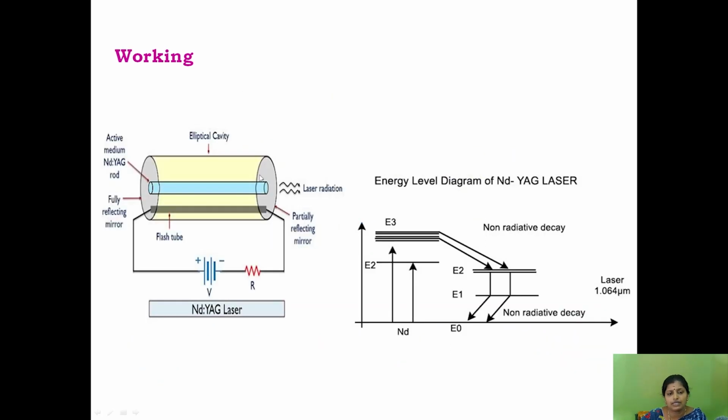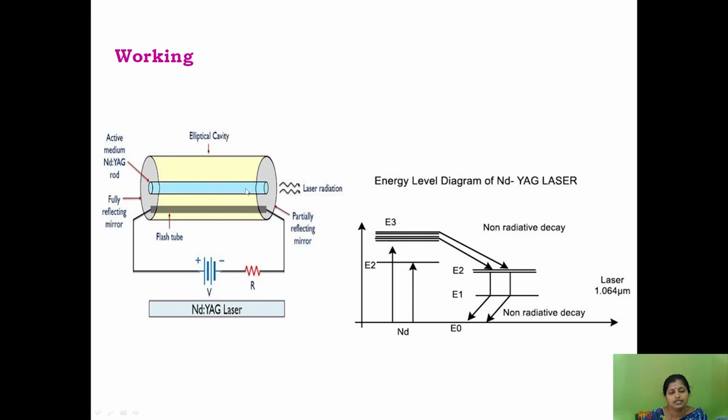The working principle of the Nd-YAG laser. First, the power supply is switched on, and the resistance controls the current flow. The optical pumping source, the xenon flash tube, is switched on, and the lamp light source is emitted. This emission of photon energy is incident on the Nd-YAG rod, yttrium aluminum garnet doped with neodymium.